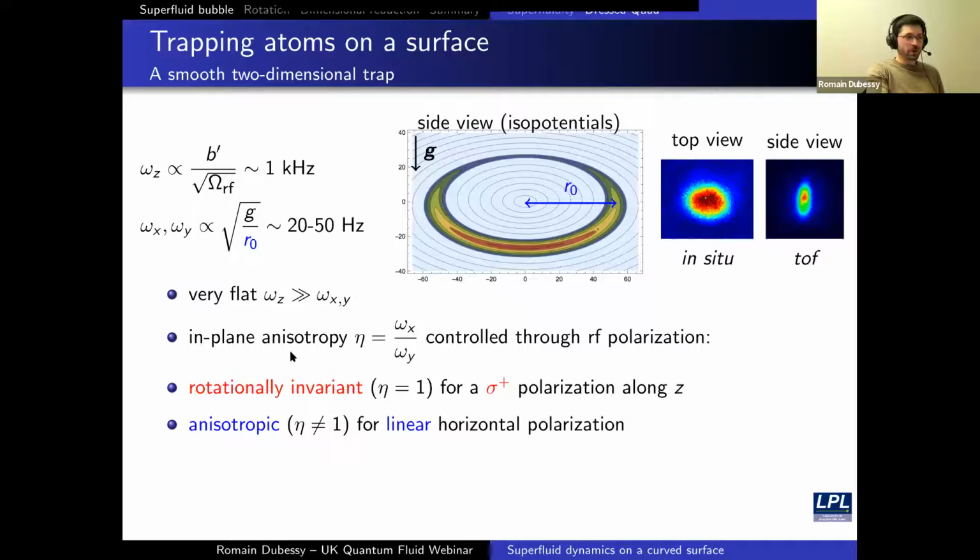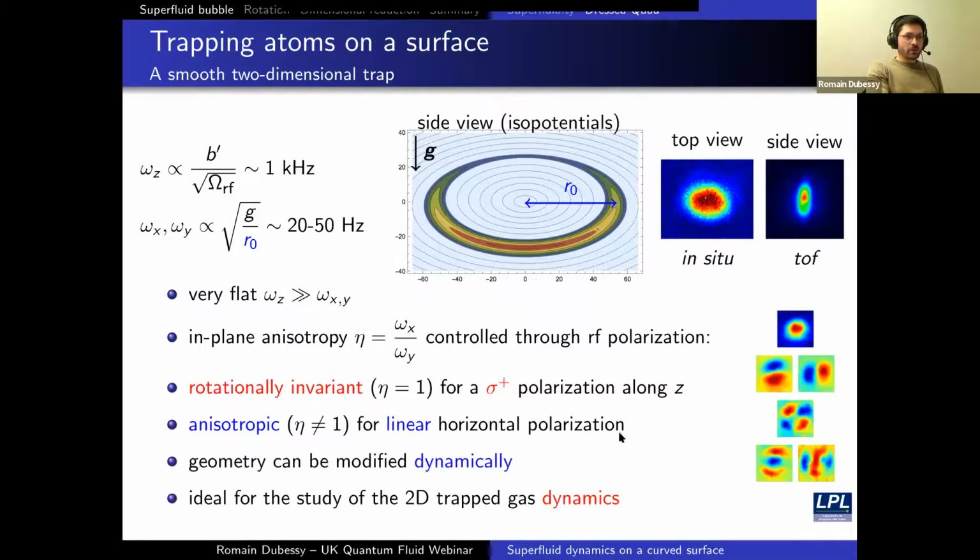So we can choose to make a cylindrically symmetric trap, making omega x equal to omega y, or to make an anisotropic trap. For example, here we have an in situ picture from the top view of the system with a slightly anisotropic cloud, while the time of flight expansion shows us how different the trapping frequencies are in the vertical and the horizontal direction.